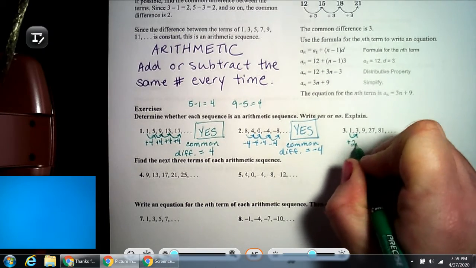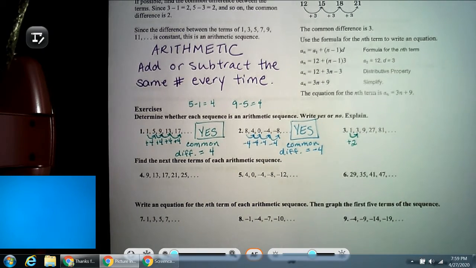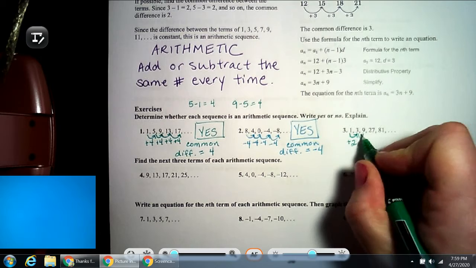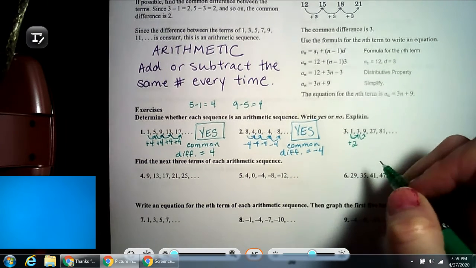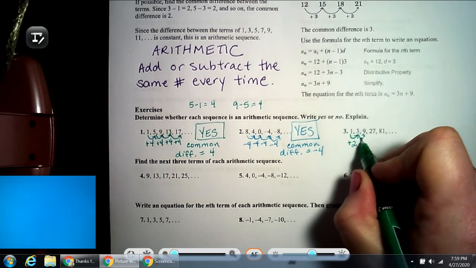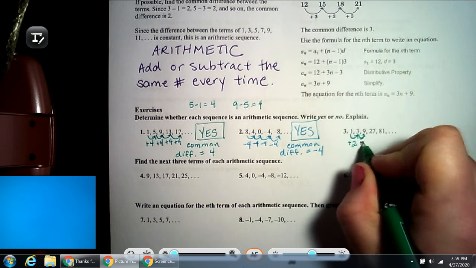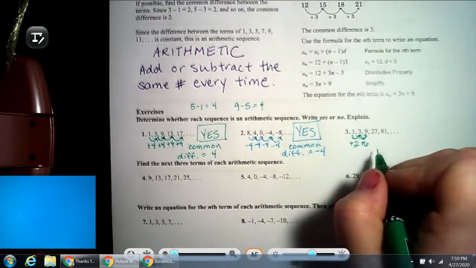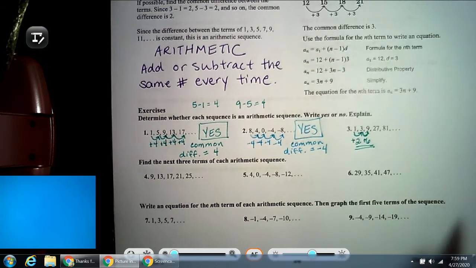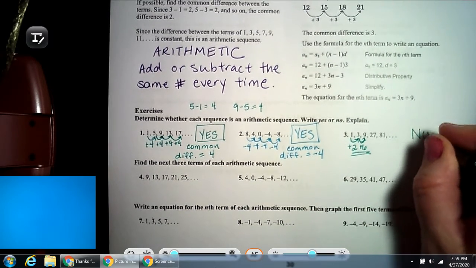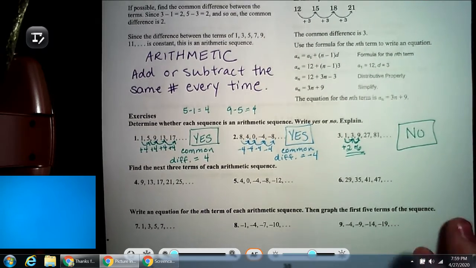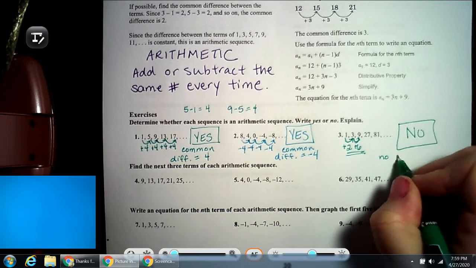So I can add 2. 1 plus 2 is 3. But then I look here, and if I do 3 plus 2, that would only give me 5. To get from 3 to 9, I would have to add 6. So this is not going to be arithmetic because we can't add or subtract the same number over and over and over. There is no common difference.